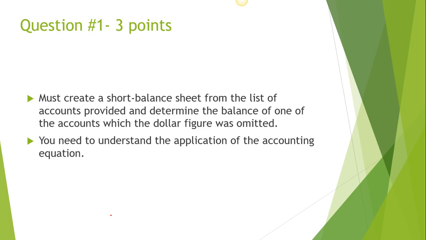In other words, you're going to get a whole series of accounts and you need to put it together, and then you need to make the balance sheet balance, as you all learned. Your debits have to equal your credits, or your assets equal your liabilities and equity. So what you're going to be seeing is one of the accounts going to have no figure, and you're going to have to put the figure in there. So as you can see, this is nothing more than an accounting equation problem.